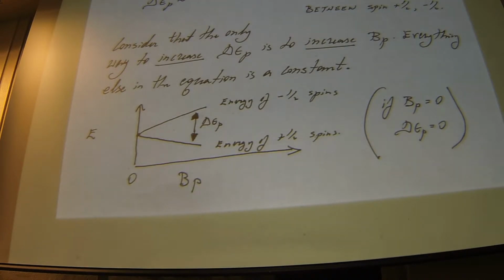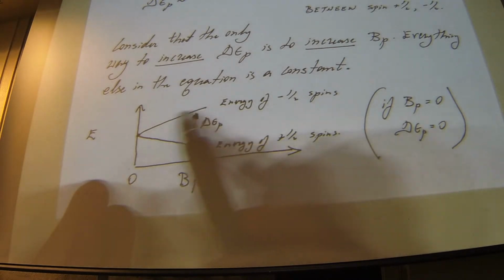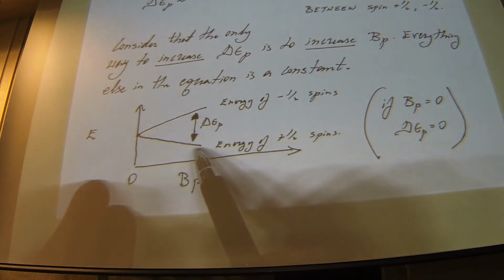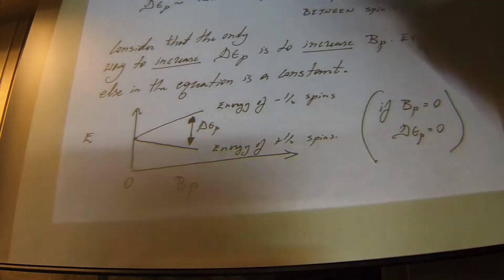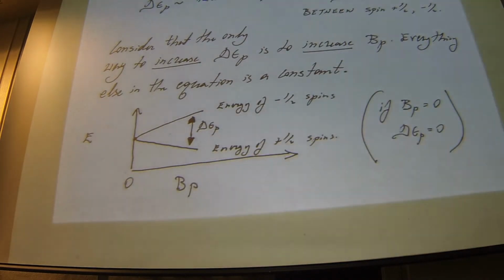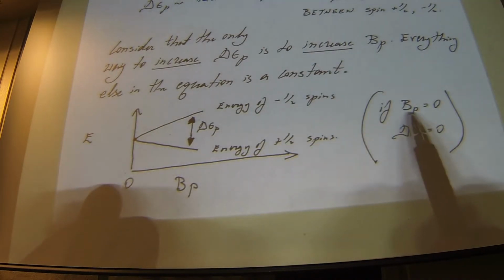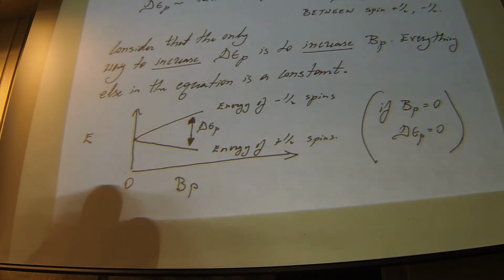Nothing to measure. But as the magnetic field increases, the energy separation between minus and plus increases. So if I go out here, then the energy difference will be even bigger. If there's zero magnetic field, then the difference in energy is going to be 0. But you knew that anyway from the equation.